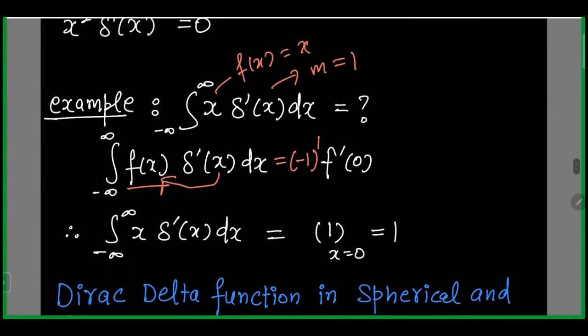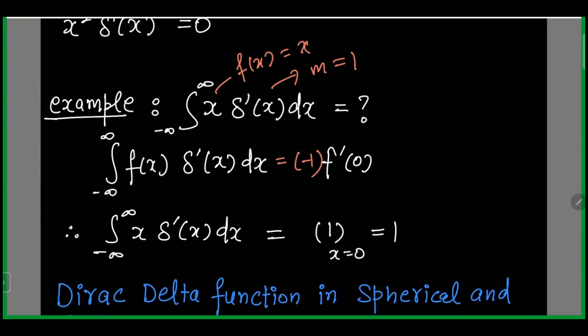So that is what I told you already, that if you have f(x) times delta dash x, what you will actually do here is first take the derivative, f dash x, and then put the value of 0 in this. That is simply what we did last time also. So let's do it. So now your f(x) is, sorry, here -1 will be there.